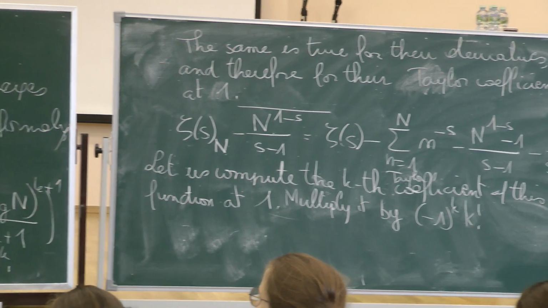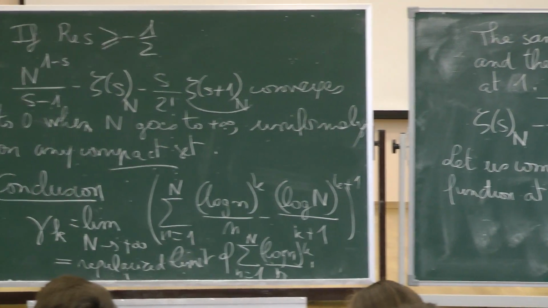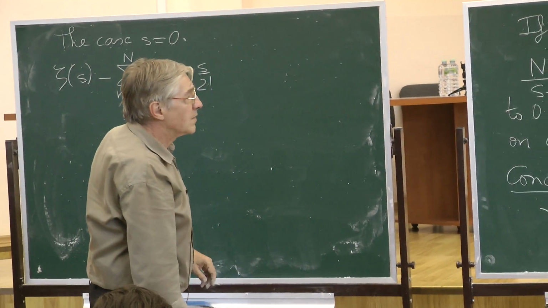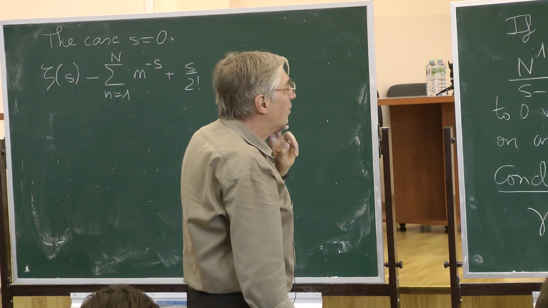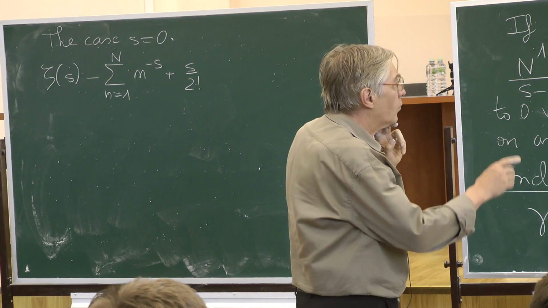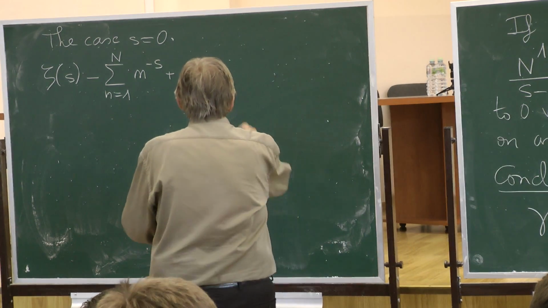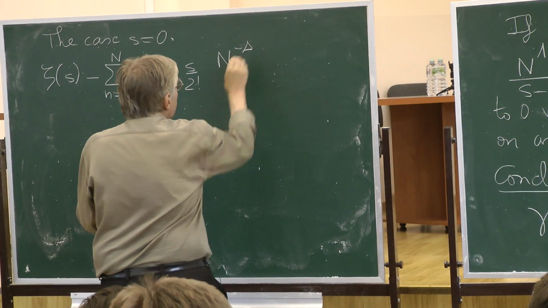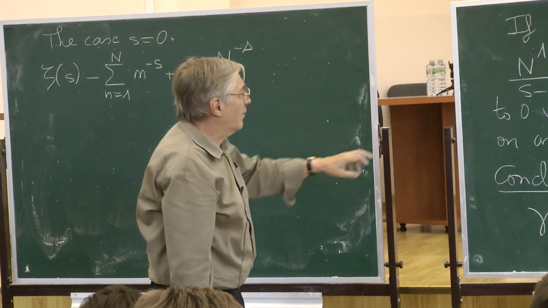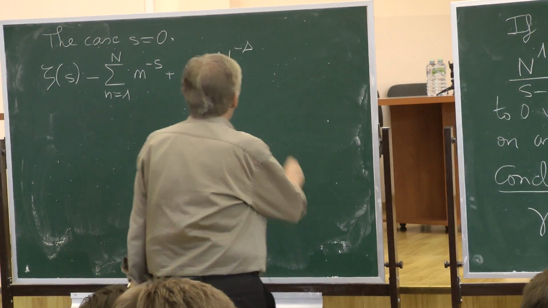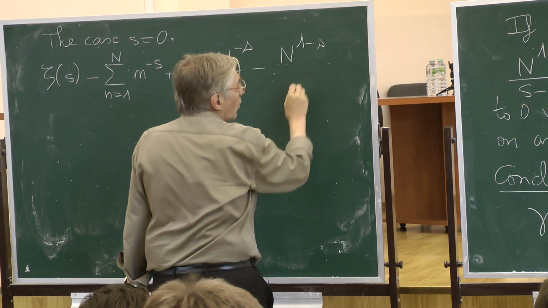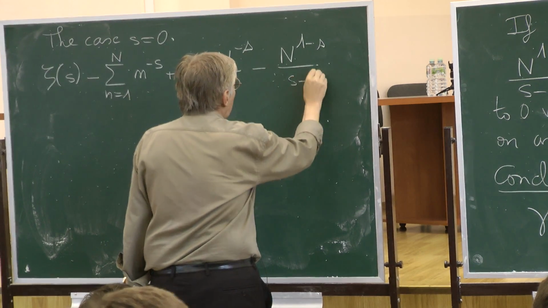So in fact, I will have plus S over 2 times, I have to replace S by S plus 1, so it is n to the minus S divided by S, and then I have this term is minus n to the power minus S divided by S minus 1.